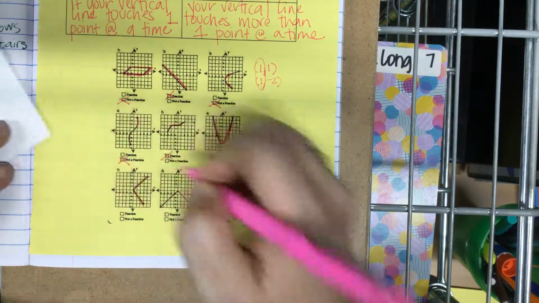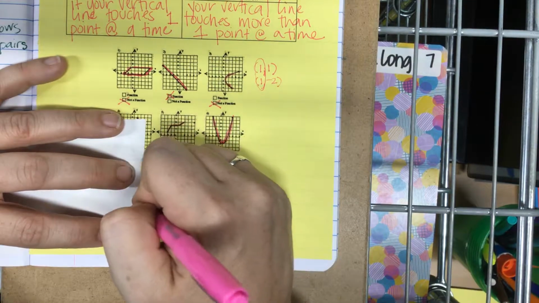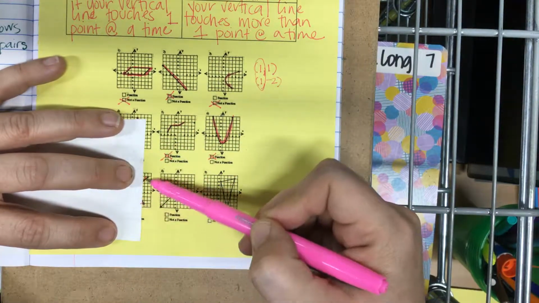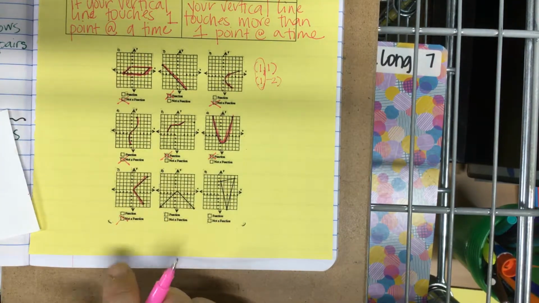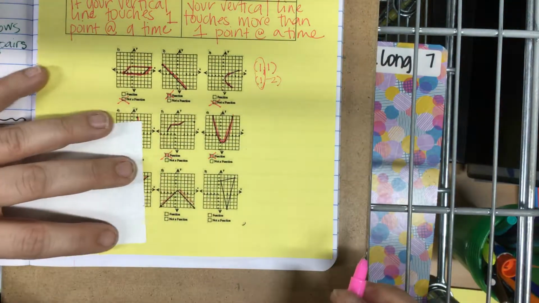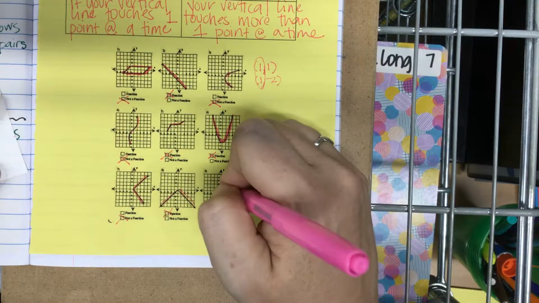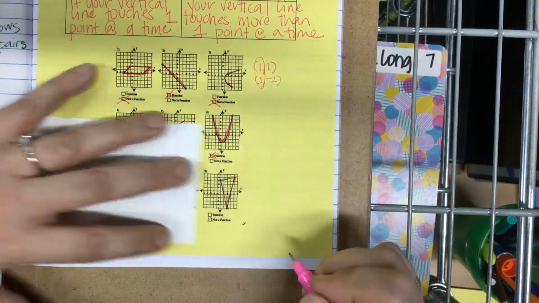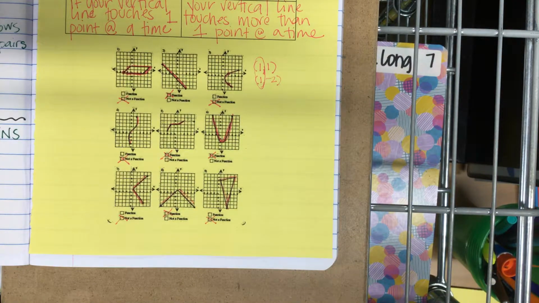What about this guy? Nope, because I have 2 dots vertical to each other, right? It touches my vertical line twice, so no, not a function. What about this one? And what about this guy? Nope. Vocabulary heavy day. Yes?